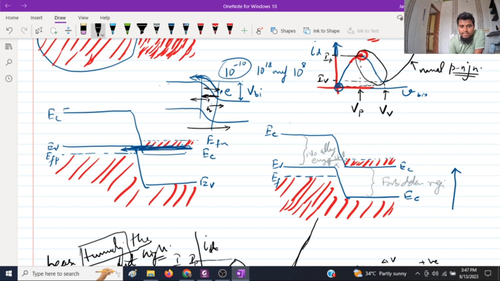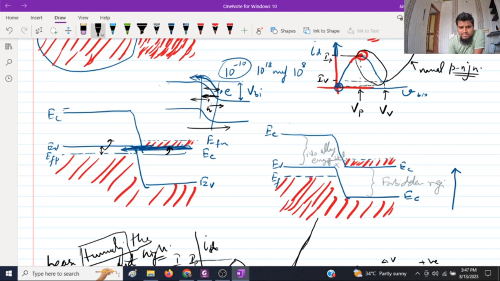The voltage required to bring this Fermi level into alignment with EV corresponds to VP.